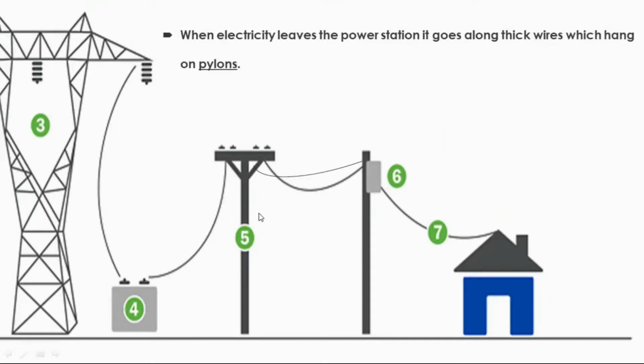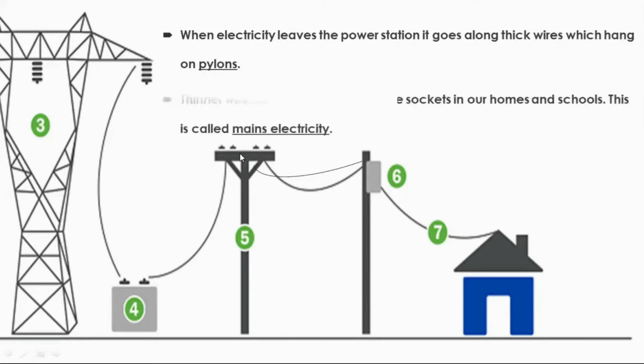Now, when the electricity is produced in a power station, it leaves the power station and goes along thick wires. Those thick wires help electricity to move from one place to another, and they hang on pylons. This is a pylon, right? And this is also a pylon. Now, these thick wires are hanging on a pylon. From this, electricity goes into thinner wires.